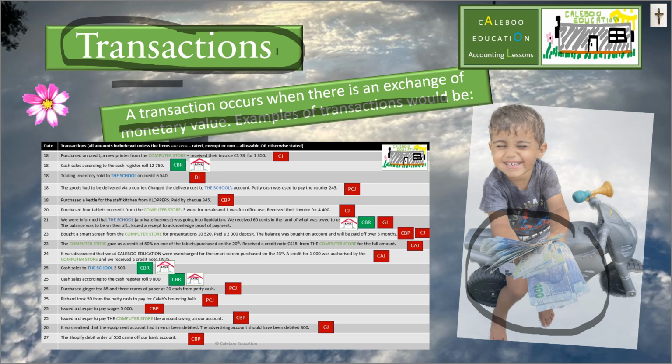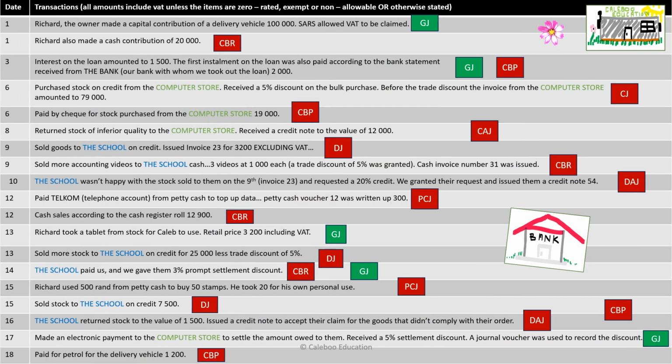What might help you understand it better is if I give you some examples of transactions. At a later stage, all the transactions of Calibu Education will be recorded in journals. But let's take a look at typical transactions of a business. Here we go. Here are some examples of transactions.